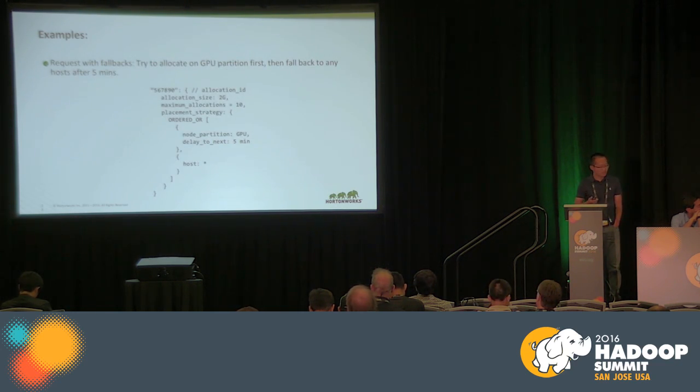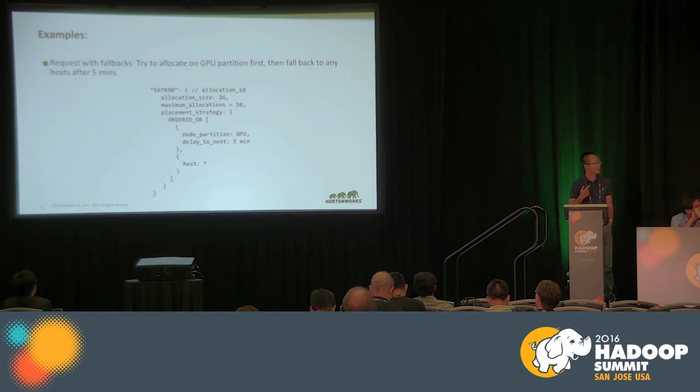The next example is the request with fallback, which tries to allocate on the GPU partition first, then falls back to any host. The allocation size is 2 GB for each container, and the maximum allocation is 10, which is my total containers required. The placement strategy is ordered OR, as we call it.